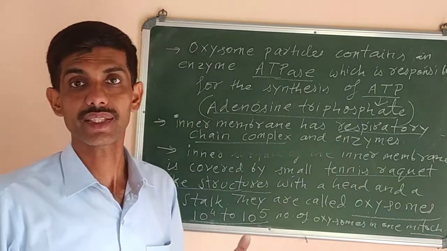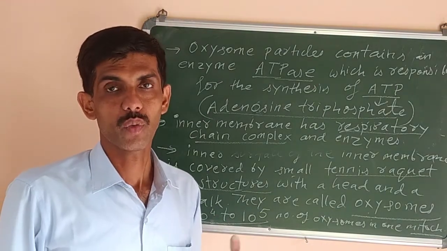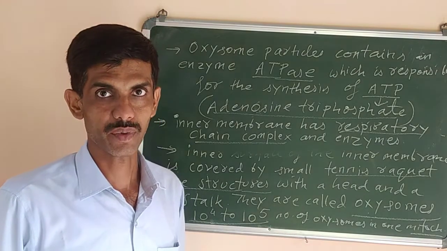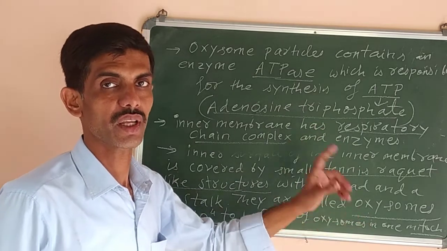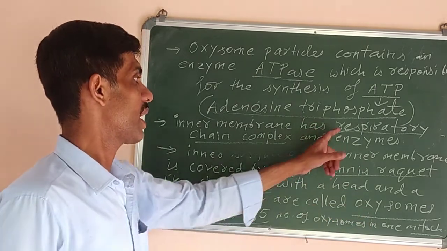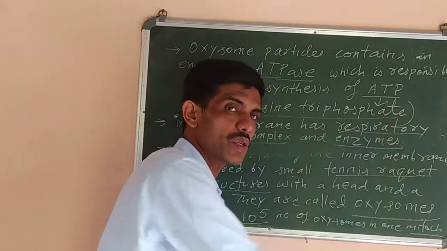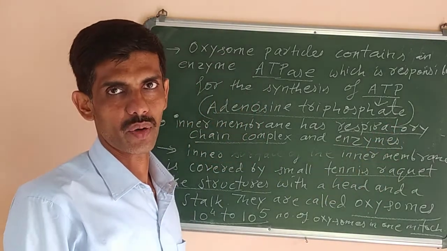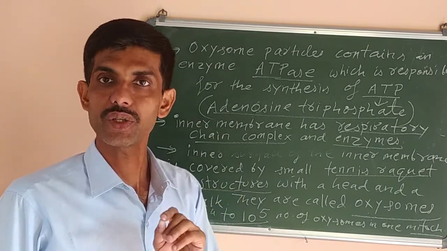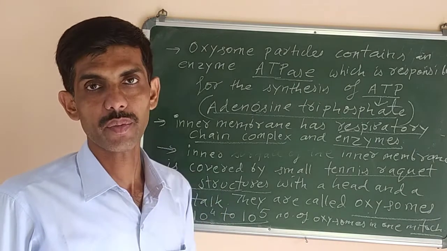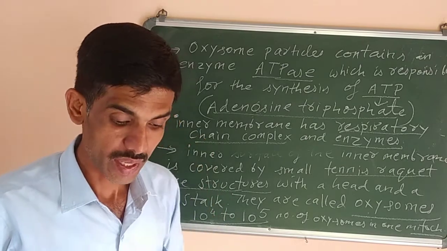Since mitochondria is the site of cellular respiration, the steps of respiration take place in the mitochondria and the cytoplasm. That part of respiration carried out in the mitochondria is called the respiratory chain complex. Respiration is an enzyme-catalyzed reaction, meaning each and every step is carried out in the presence of a particular enzyme.